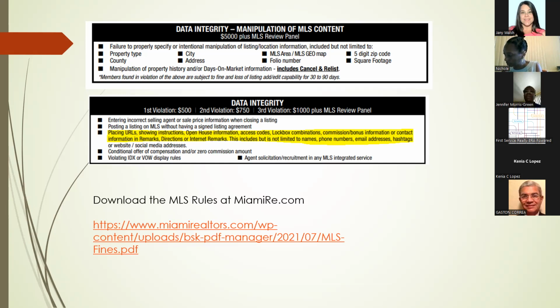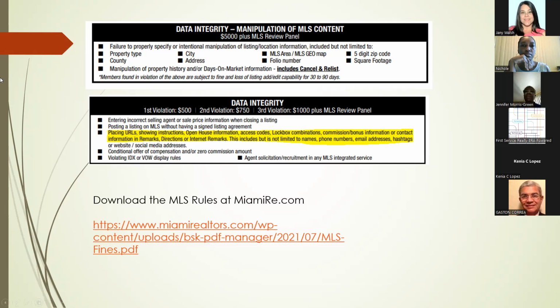If you feel that the square footage is incorrect because the tax roll is not reflecting the actual square footage, because they've made an addition to the property, you can put those notes into the remarks, but you don't want to touch the square footage on the actual data input form, okay? Make sure that you don't do that.